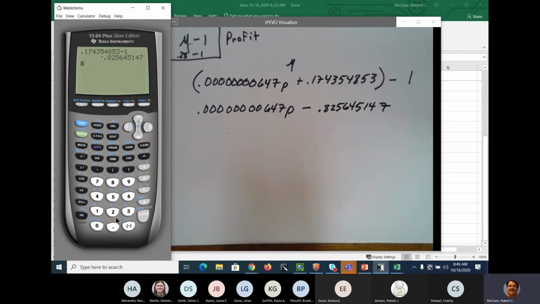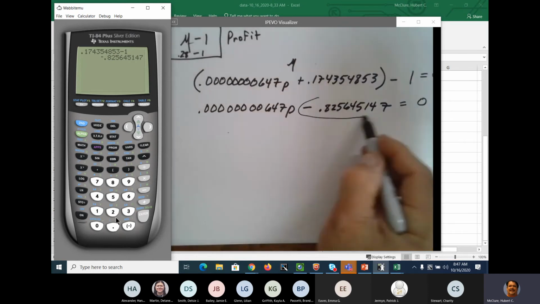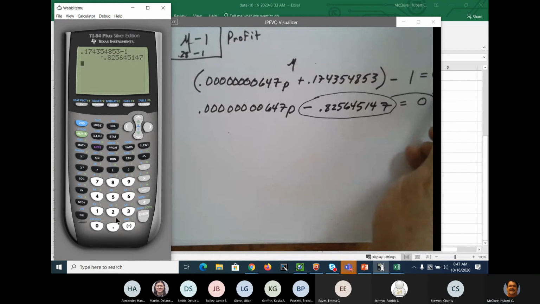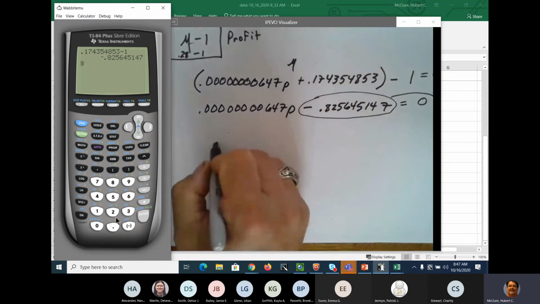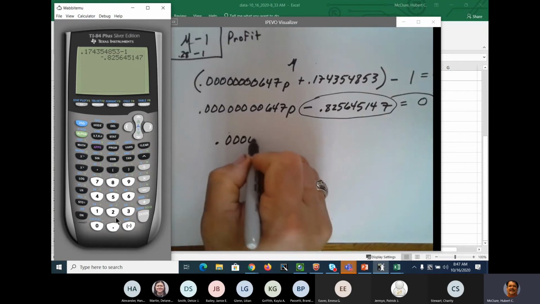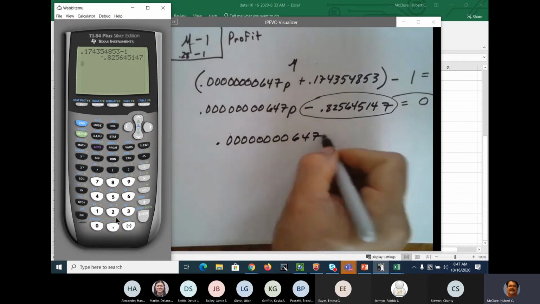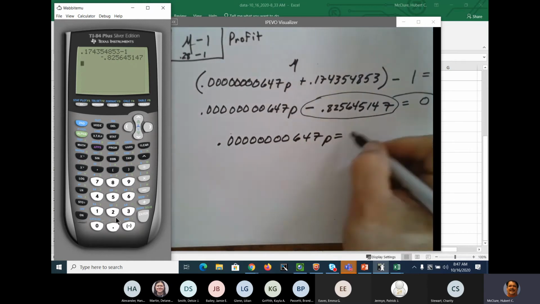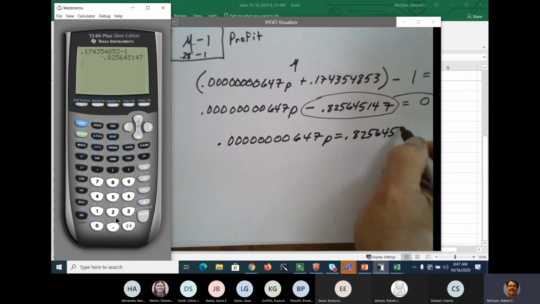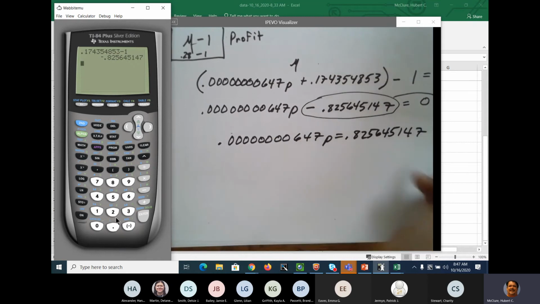Because remember I said we didn't have anything to set it equal to. So I'm going to bring this over, and that's going to become a positive. 0.00000000647p is equal to 0.825645147.